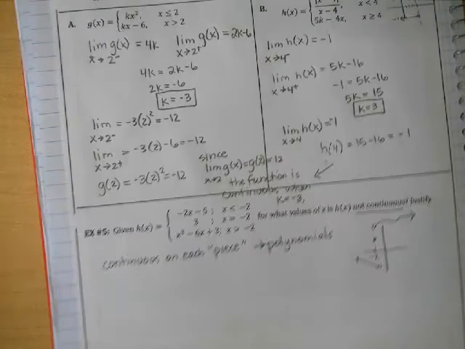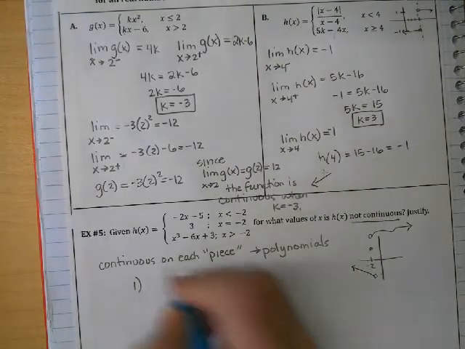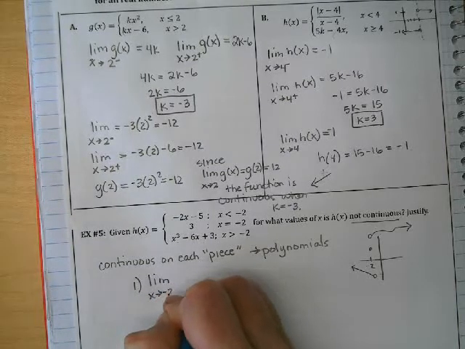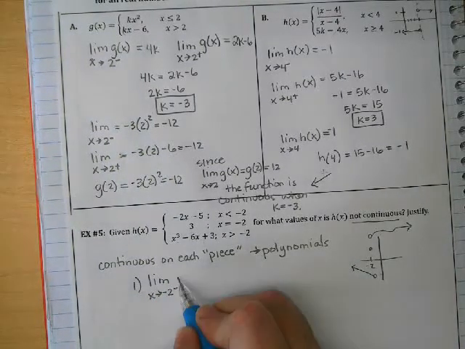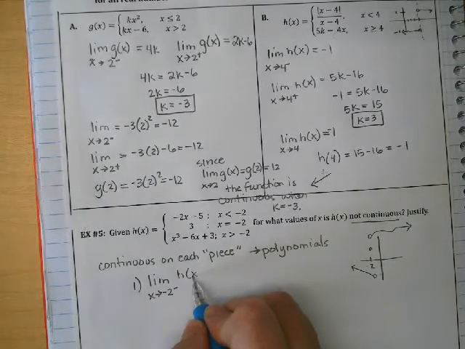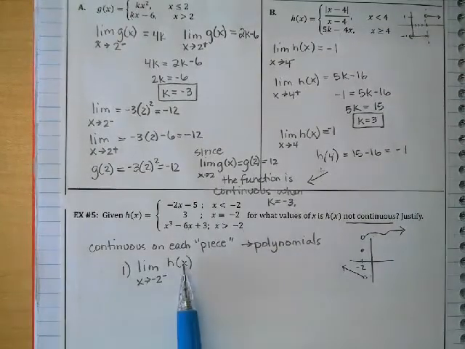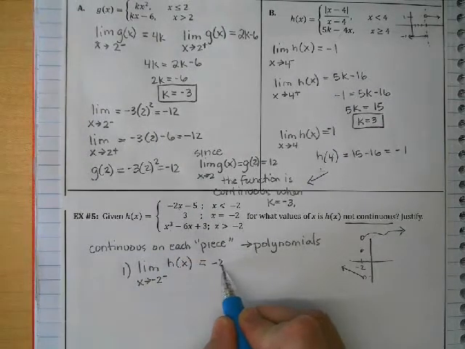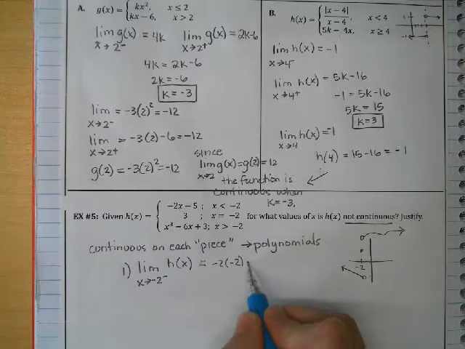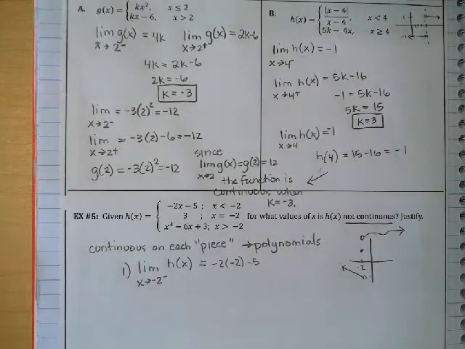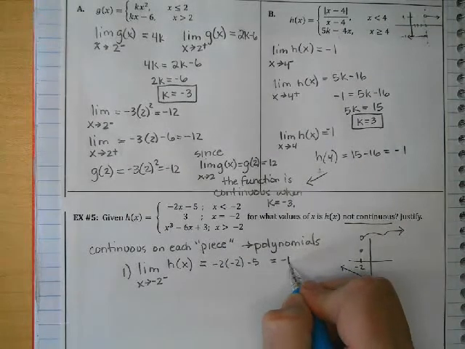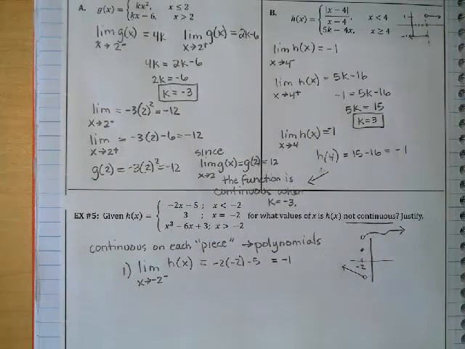Okay, so let's justify. First thing, let's do the limit as x approaches -2 from the left. As we're coming from the left, we're down here. So that's equal to -2 times -2 minus 5. So that's 4 minus 5, which is equal to -1. Check my work there.